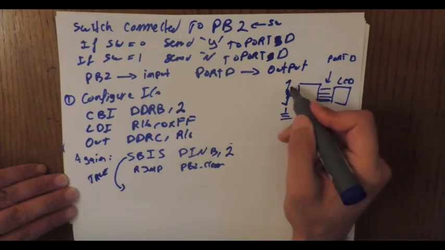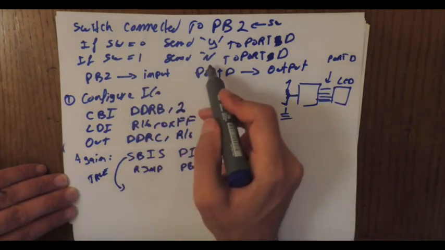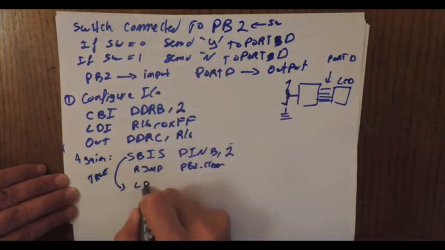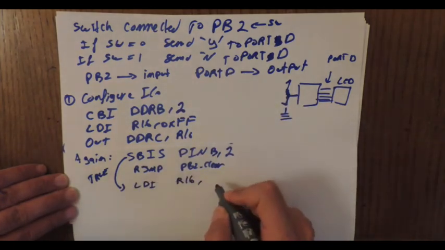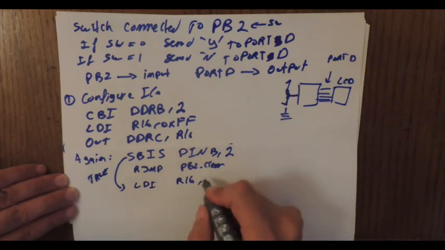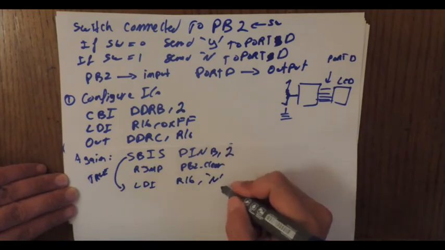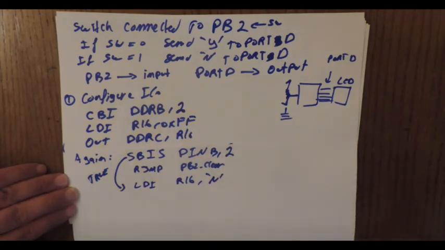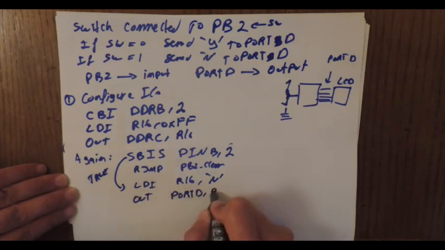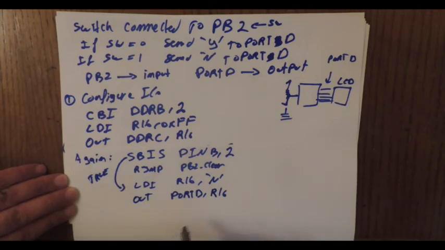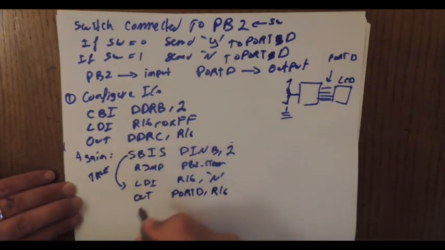However, if it's still 1, this means I need to send N to the port D. So I'm going to say LDI R16, and here when we want to send ASCII, we don't have to write the equivalent binary. We can just say N with single quotes, and we can output it on port D. Otherwise, and here we can just go ahead and repeat again.